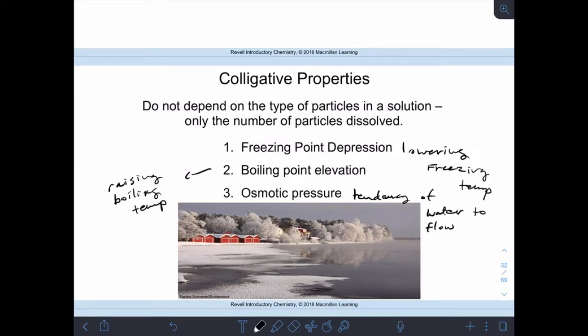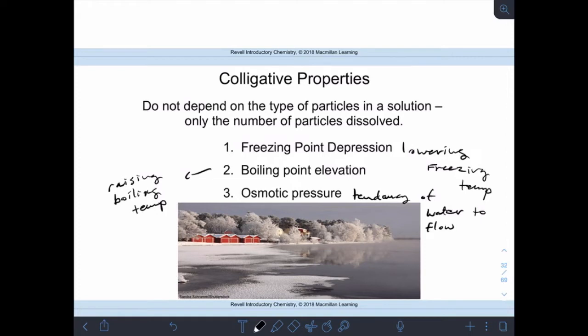In the case of human blood cells, for example, water wants to flow from areas of high concentration to areas of low concentration. So if all of the water in your red blood cells flowed out, you would have a flattened, deflated blood cell. But in the other direction, if water flowed completely into the blood cell, it would burst. So osmotic pressure is an important thing for a lot of biological systems.